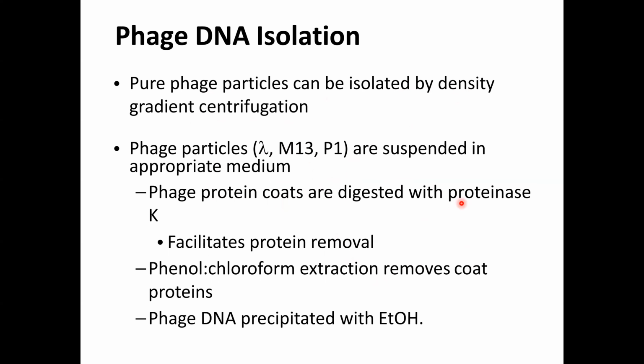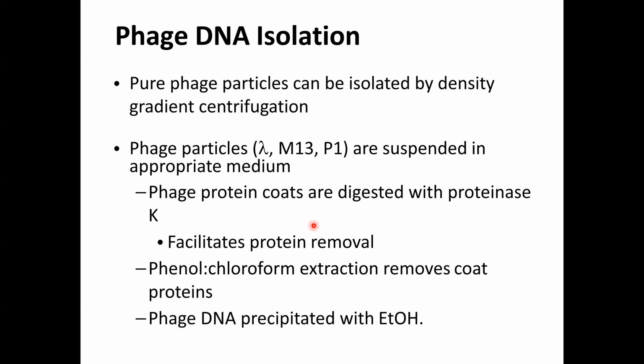You could use proteinase K to digest the phage protein coats, which helps facilitate protein removal. Then you could also use a phenol-chloroform extraction to remove the remaining protein, so that you isolate only the phage DNA, and then you add ethyl acetate.